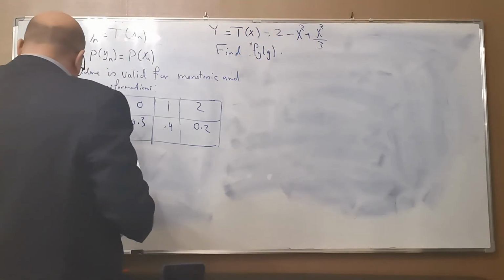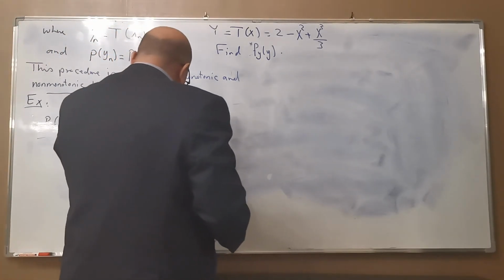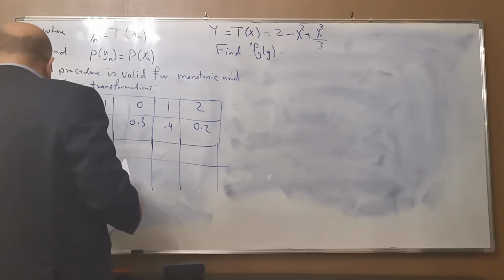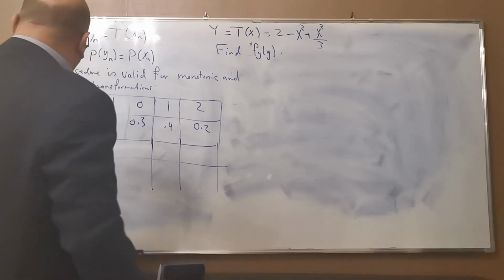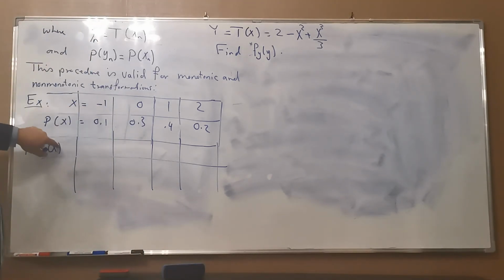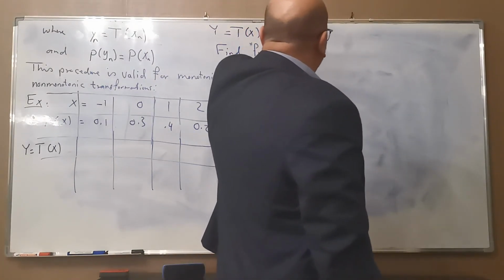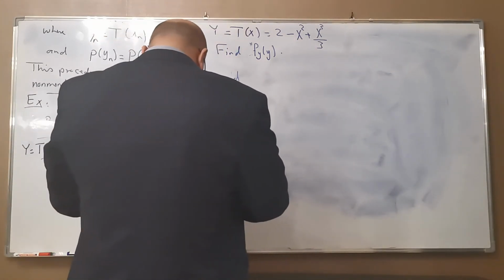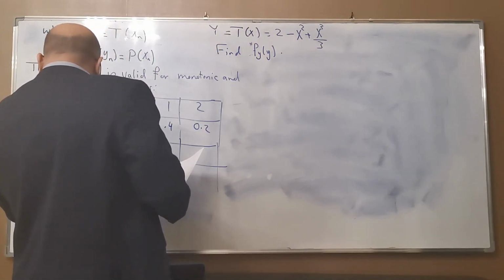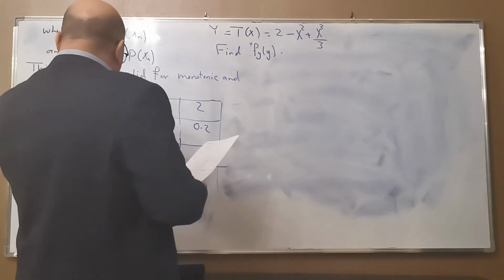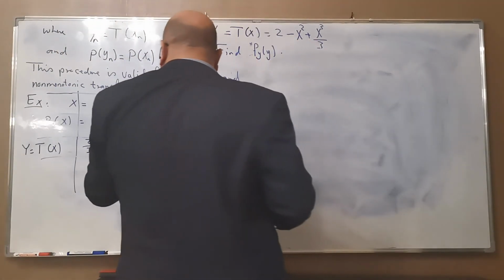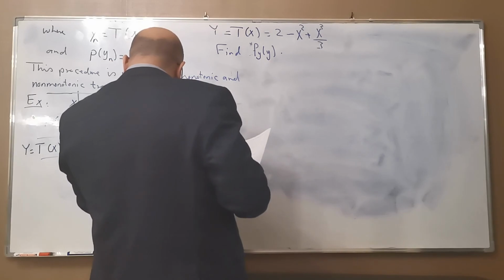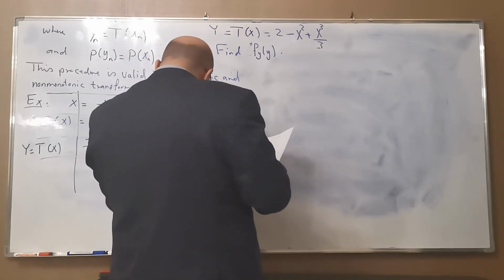Okay. Well, if we continue the table, I'm going to find y, which is equal to T of x, and if we apply this here, x equals -1, so you have 2 minus 1, 1, plus -1/3, so you have 2/3 here. You have 0, so it's 2. You have 4 over 3, and you have here 2/3.